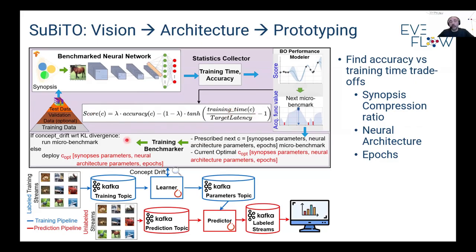So after a number of Bayesian optimization rounds, we have a Gaussian process regressor that can predict the combination of these three parameters that achieves the better accuracy versus training time balance and deploys a new model directly in the training pipeline. And the rest of the functionality explained previously continues unaffected.